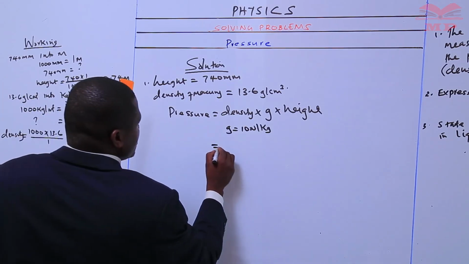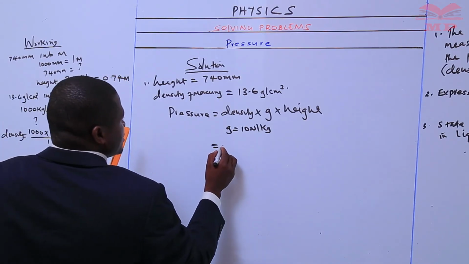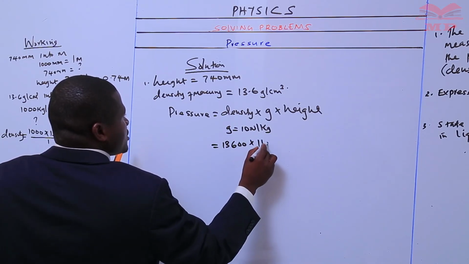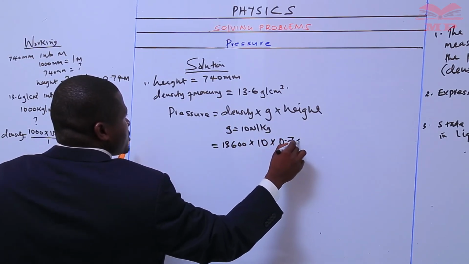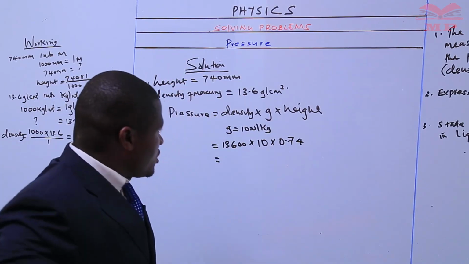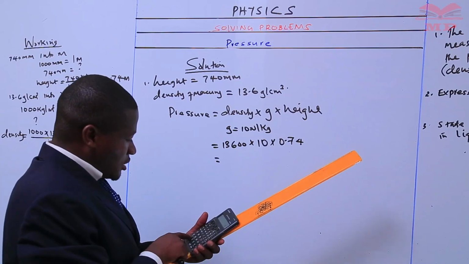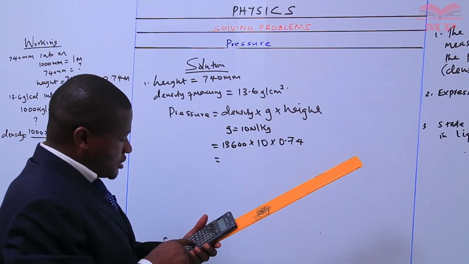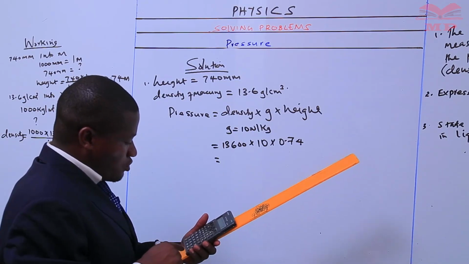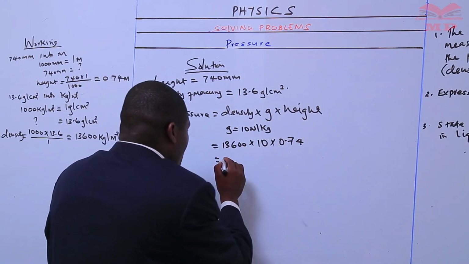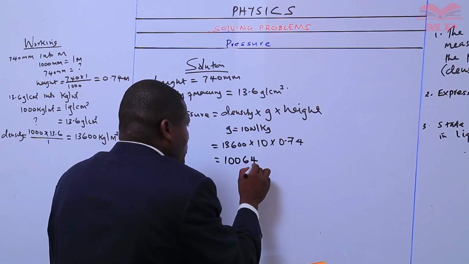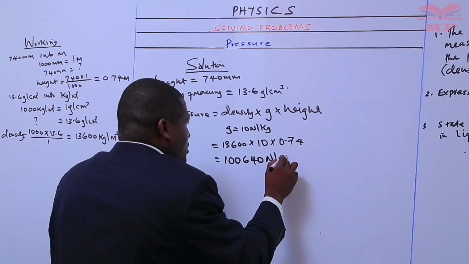So pressure is given by density, which is 13,600, times G, which is 10, times height 0.74. So this will give me 13,600 times 10 times 0.74, which is 100,640 Newton per meter square.